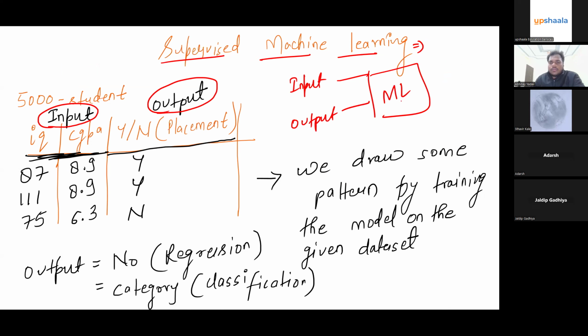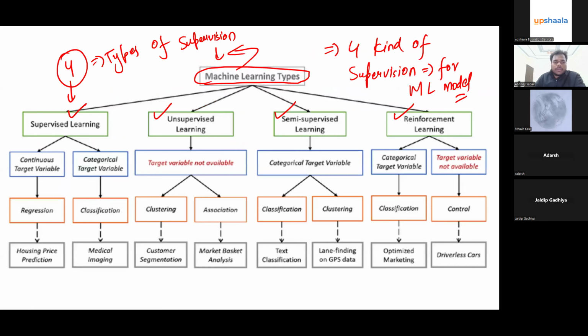Your ML model will be trained, and that will basically form one pattern, or you can say the program. So when you have both the input and the output and you are making some kind of pattern, that kind of machine learning technique is known as supervised machine learning. This is the first one.